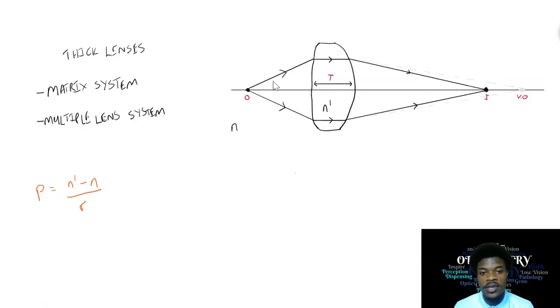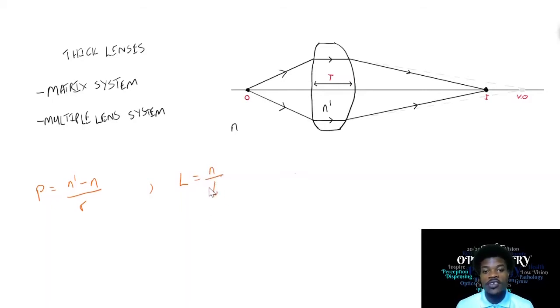Sometimes it may even be the same thing, maybe another glass. And then all of that is over r. R is our radius of curvature of the lens. Another thing we need to remember, guys: our object vergence is n over small l.